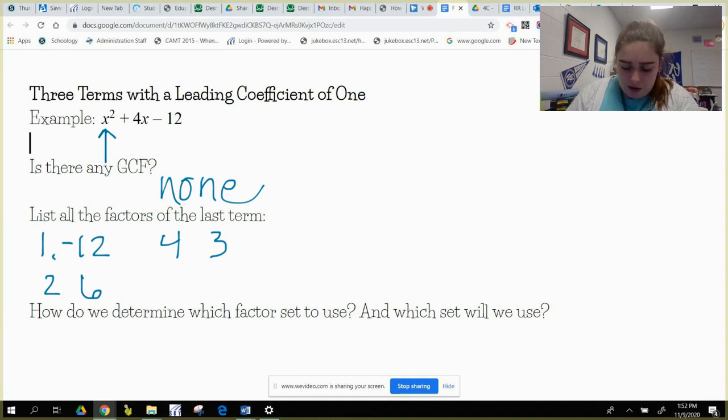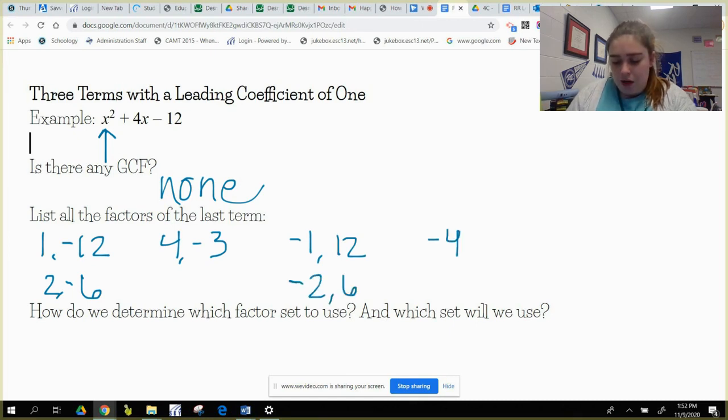This one we could have 2 and negative 6. This one we could have 4 and negative 3. Okay, but we also need to flip it the other way around. So we could also have negative 1 and 12. We could have negative 2 and 6. And we could also have negative 4 and 3.